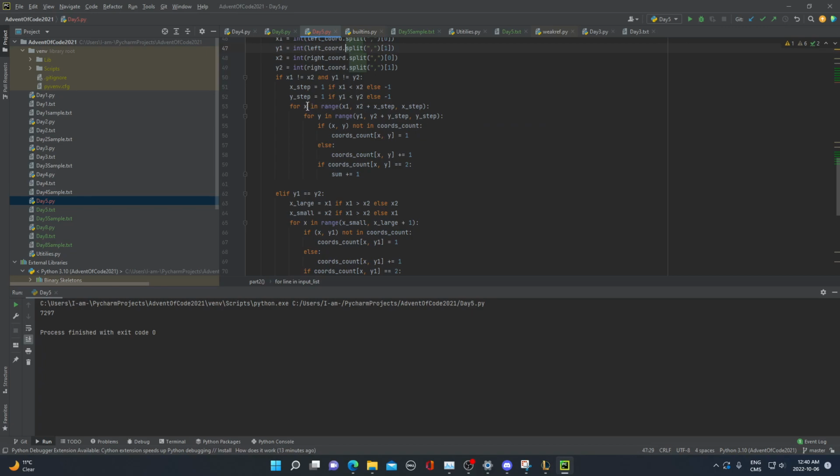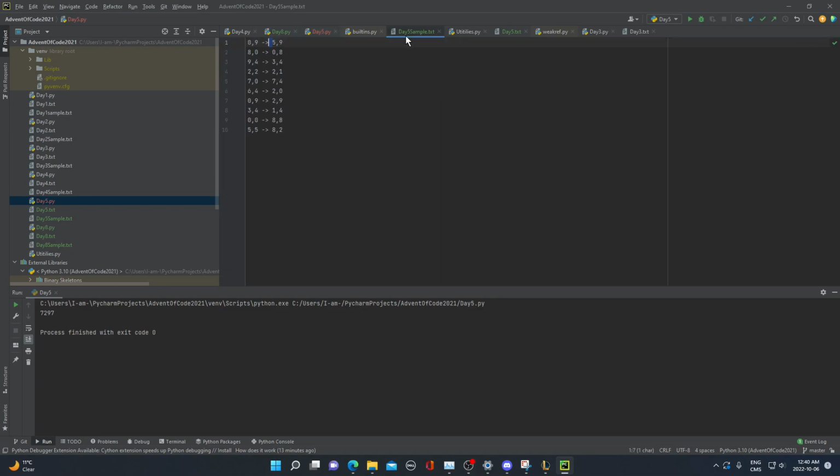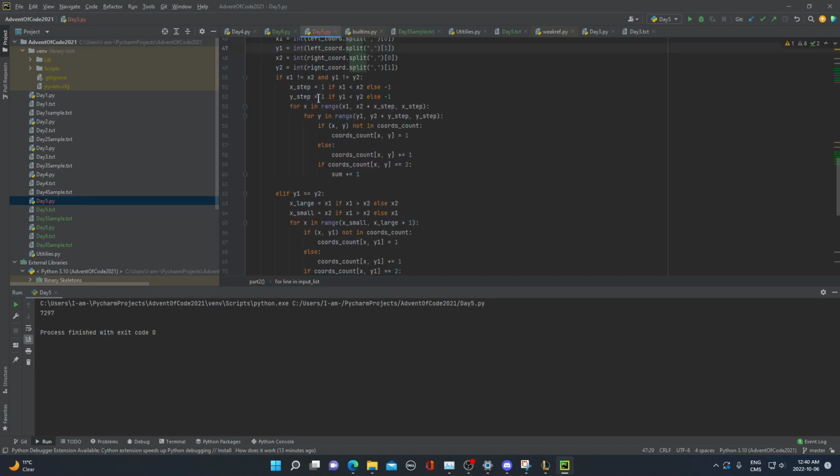So if we step through this, for example, what do we have here? 8, 0 to 8, 0. 8 does not equal 0, and 0 does not equal 8. 8 is less than 0, nope. So it's negative 1. 0 is less than 8, correct.